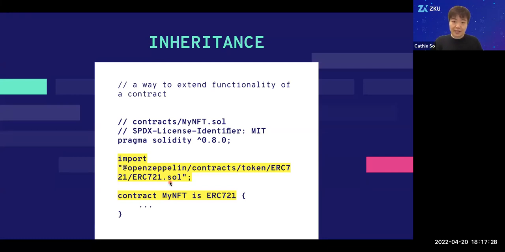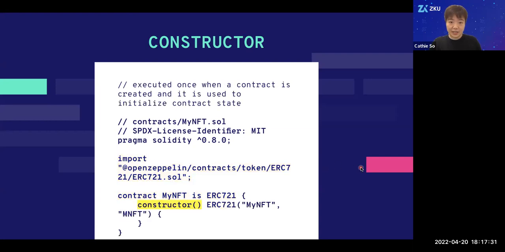The next thing that I want to pay attention to is the constructor. If you look at the basic contract that we just copied over, there's something called a constructor. The constructor is a special function that gets executed exactly once when the contract is created. So if there's something that you want to declare when your contract first gets deployed, you can put it here.